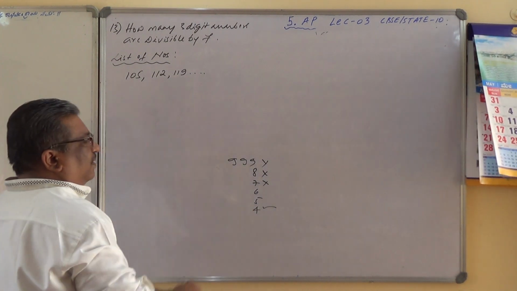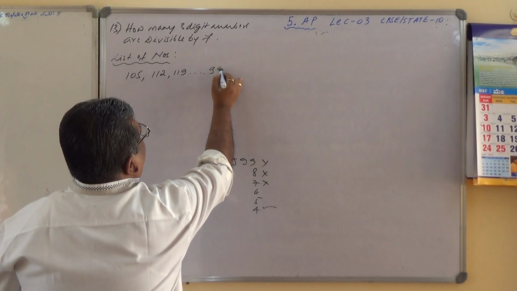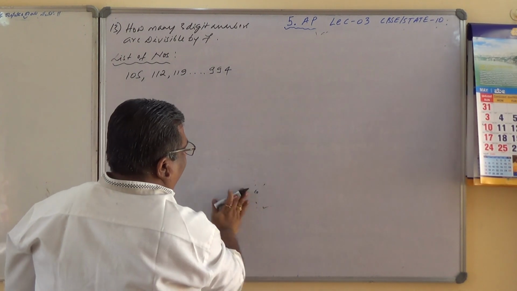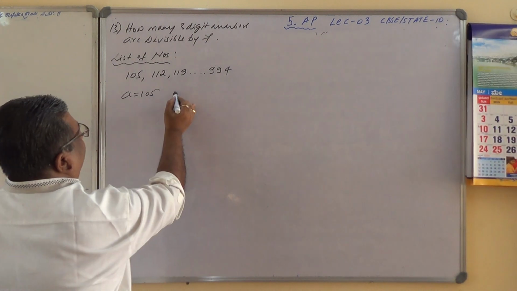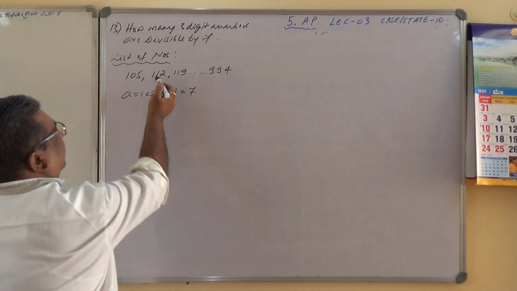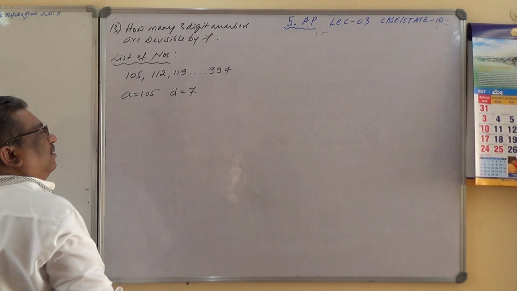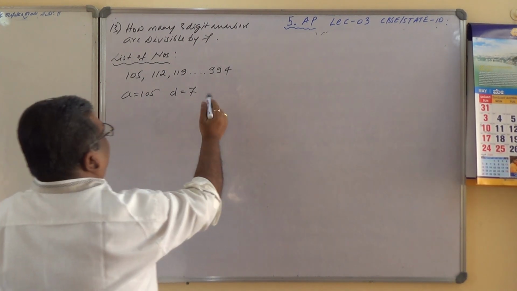You check yourself. So the last is 994. Now we have understood A equals 105, D equals 7. 112 minus 105 is 7. Correct or not?